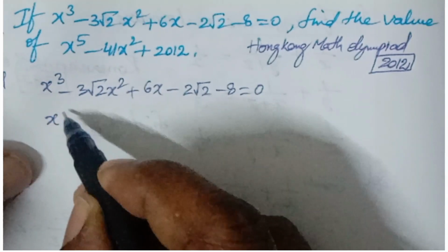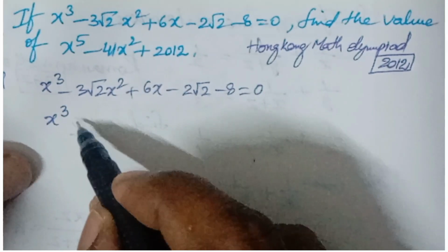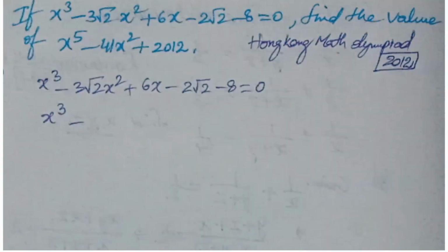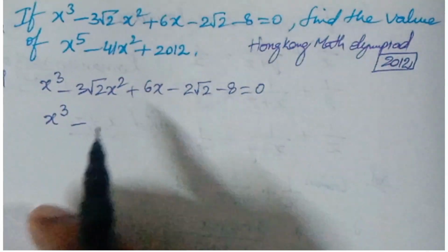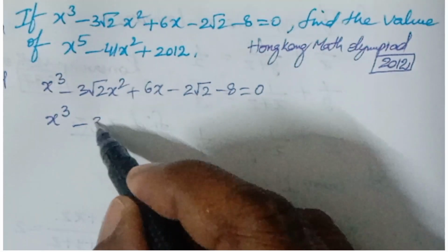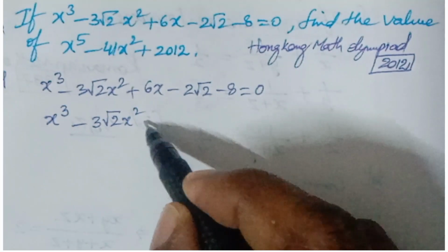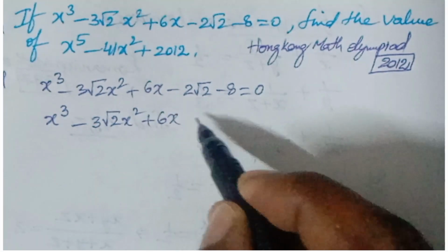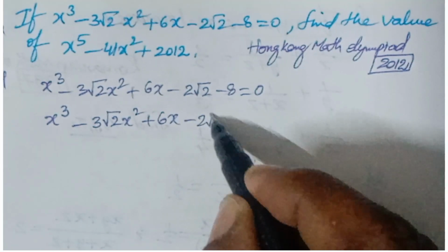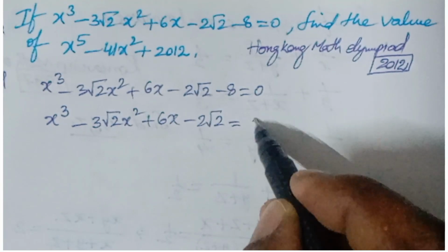See here, x cube minus 3 root 2 x square plus 6x minus 2 root 2 is equal to 8.